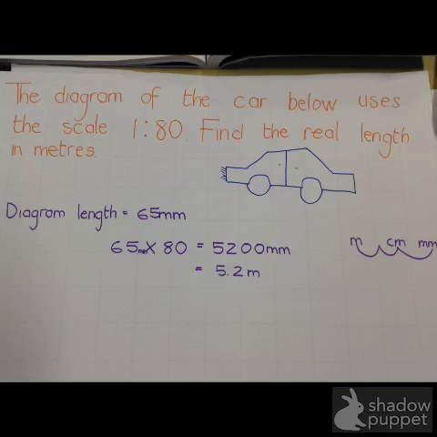You measure it from there to there, and the diagram length is 65 millimeters. So we put the 65 millimeters underneath the 1, which means we've got to multiply by 80. Whatever the diagram length is, we multiply it by 80. So we multiply 65 by 80 and we get 5,200 millimeters.